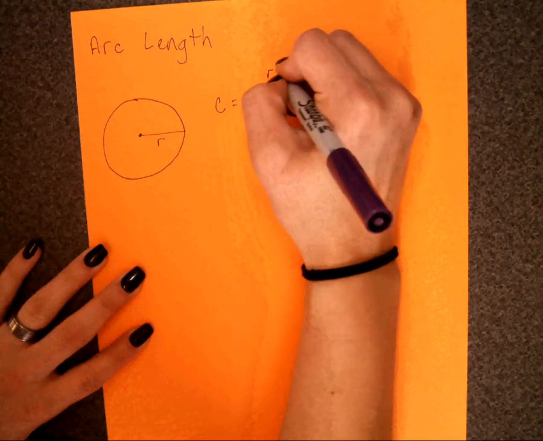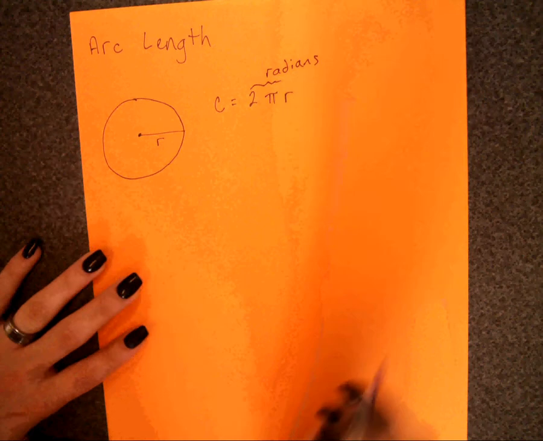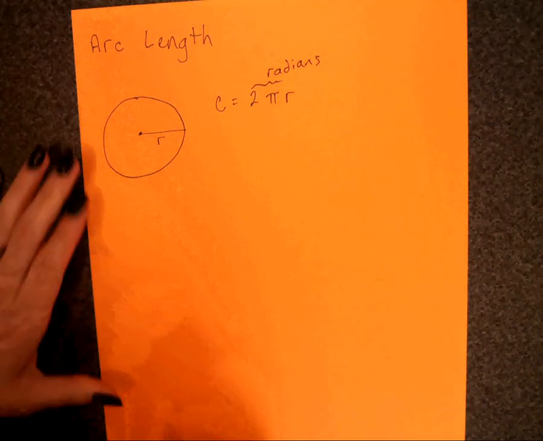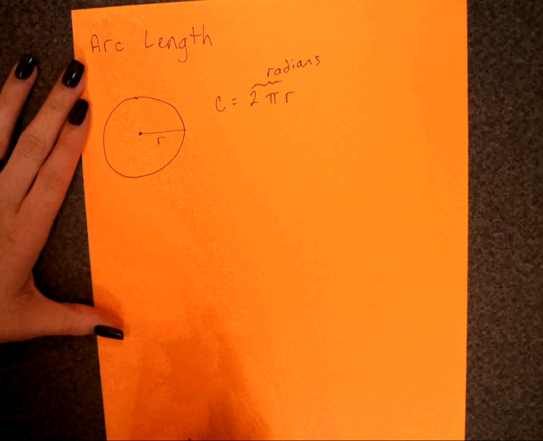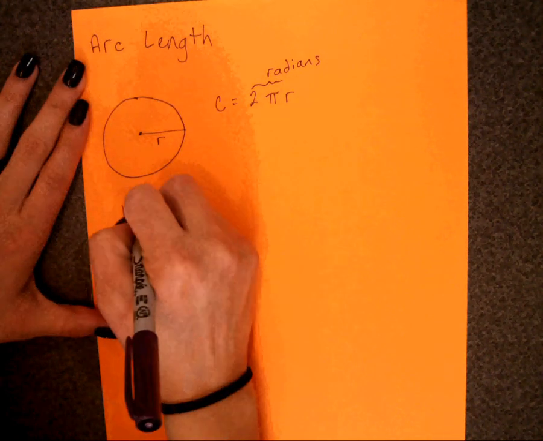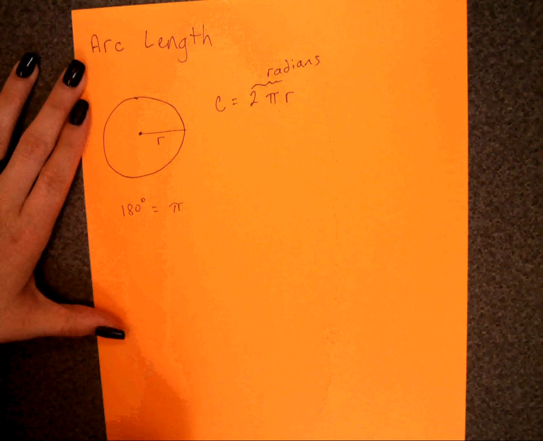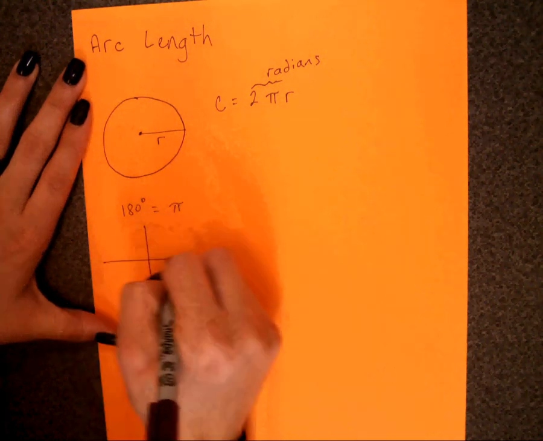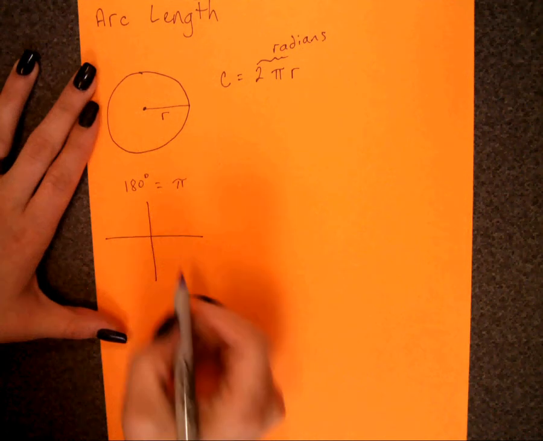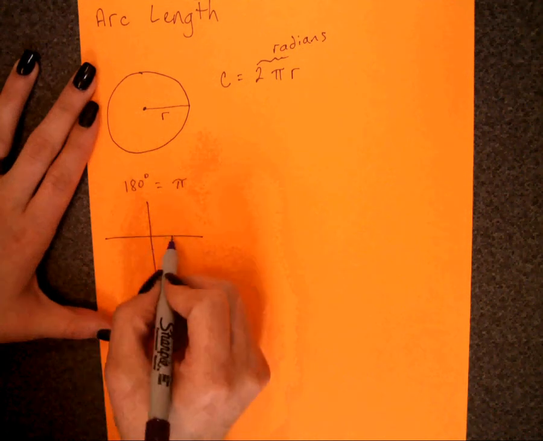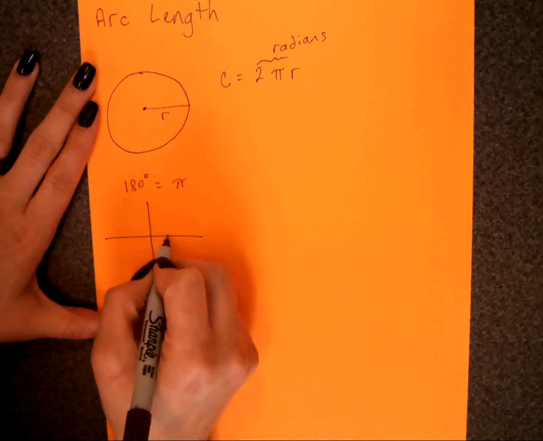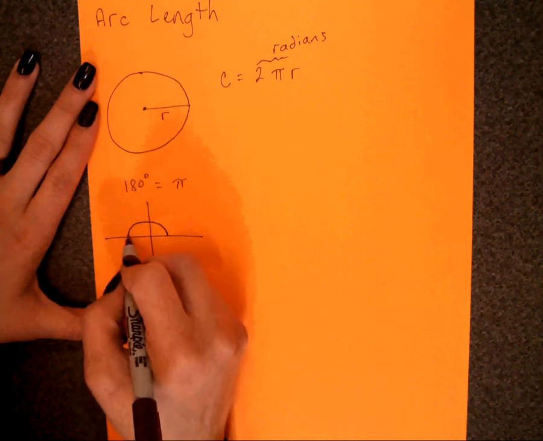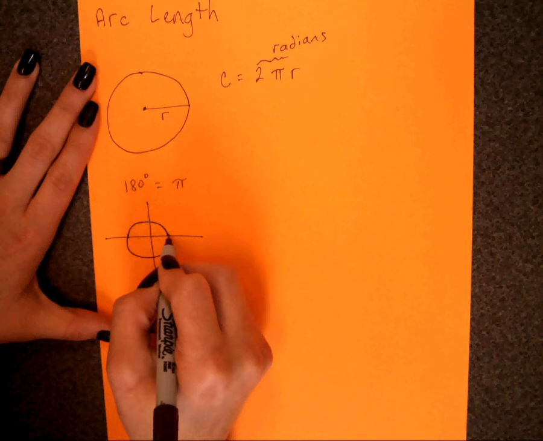If you think of this angle in radians, it will always need to be 2 pi radians. Where does the 2 pi come from? Well, we said 180 degrees is equal to pi radians, and if you go back to our x and y axis, if my initial side is on the positive x-axis and I go 180 degrees, there's pi, and I made half a circle.